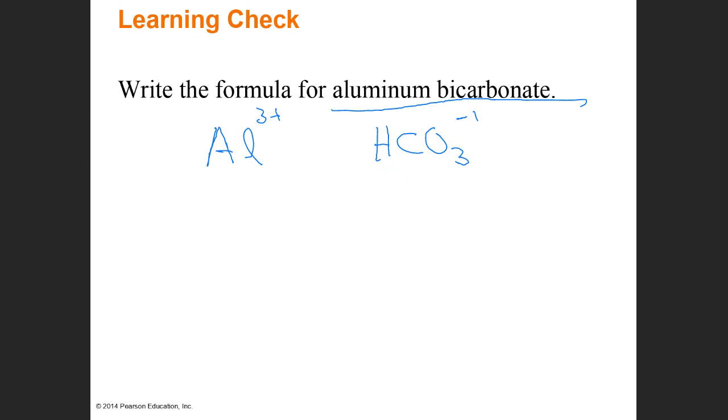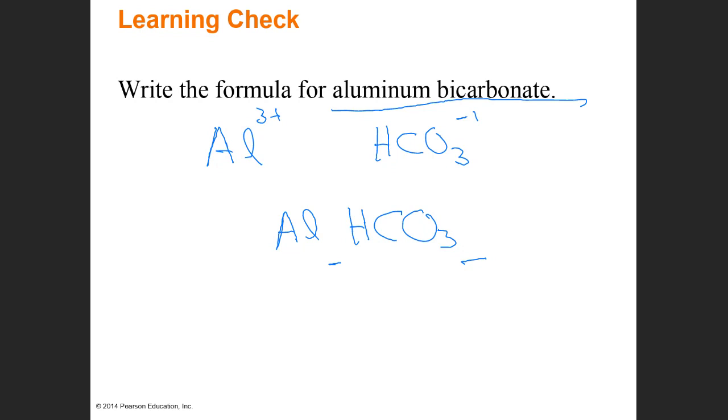So what would its formula look like? Well, if I put these together, okay, what do my subscripts need to be? Think about doing the crossing and pulling down the numbers.